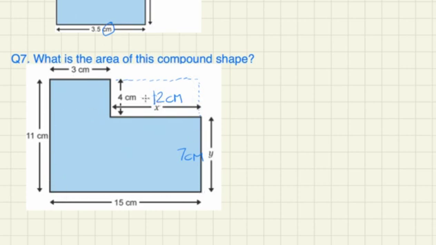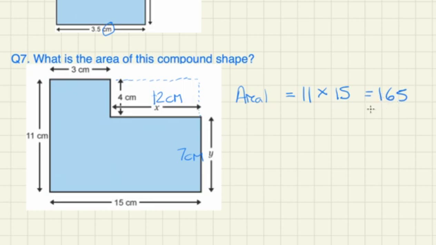Imagine if this was intact. So area 1 would equal 11 multiplied by 15, which is that. So that gives a value of 165.